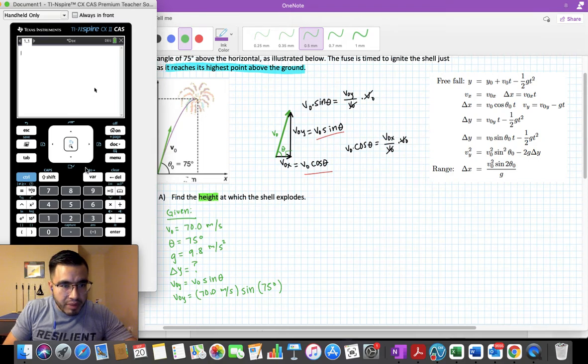Make sure your calculator is set on degrees, not radians, okay? Look, DEG, degree. So that is 70 for the velocity times the sine of 75.